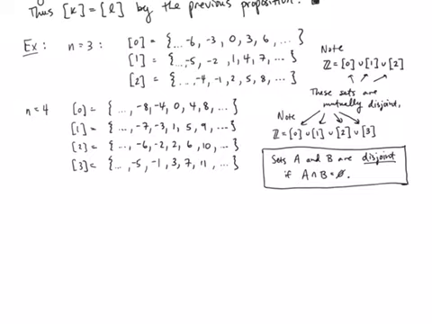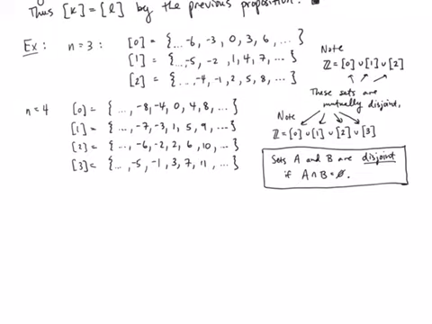There's not going to be any gaps there. So the union of those sets is equal to all of the integers, and there's no overlap between them. They're all mutually disjoint. Any two of them are disjoint. Okay, so this is the case in general.